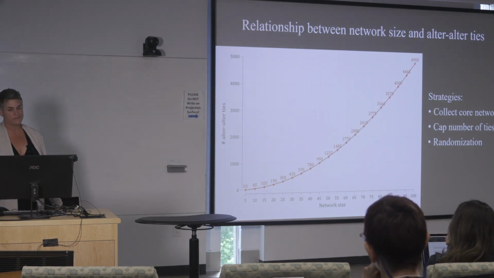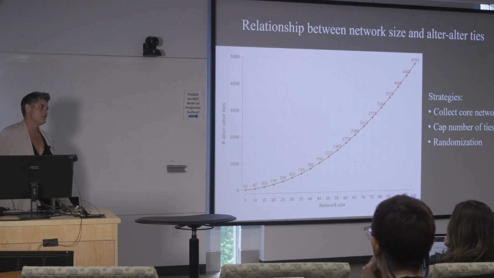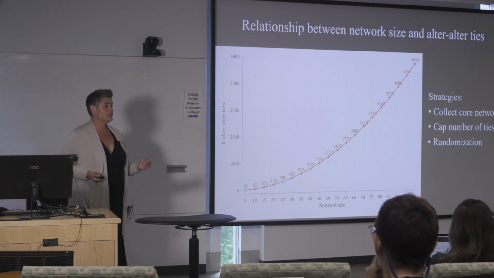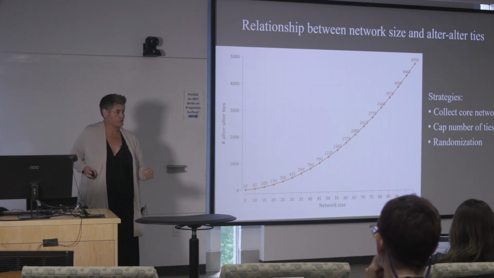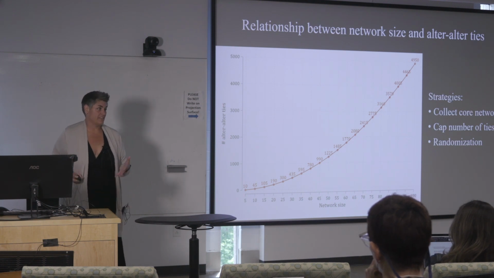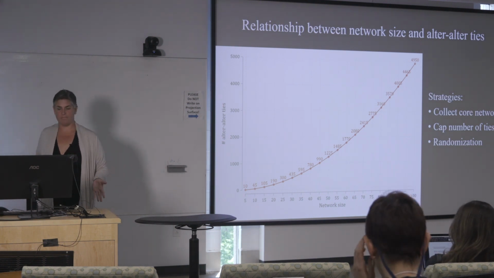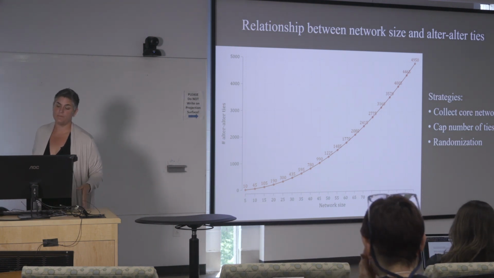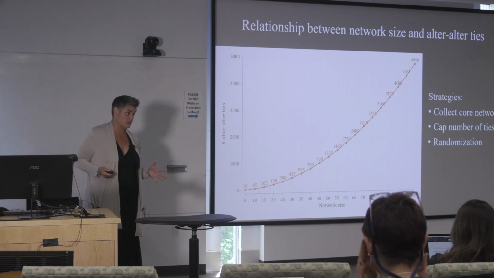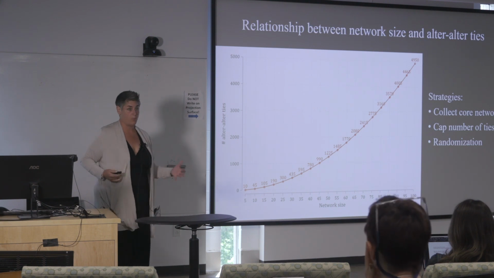So then we thought, well, let's try randomization, randomly selecting alters. You could randomly select alters to ask about alter attributes. We didn't do that because our networks are not that big, so it's not super burdensome to ask about alter attributes. But we did want to use it for alter ties, because those are super burdensome and boring.